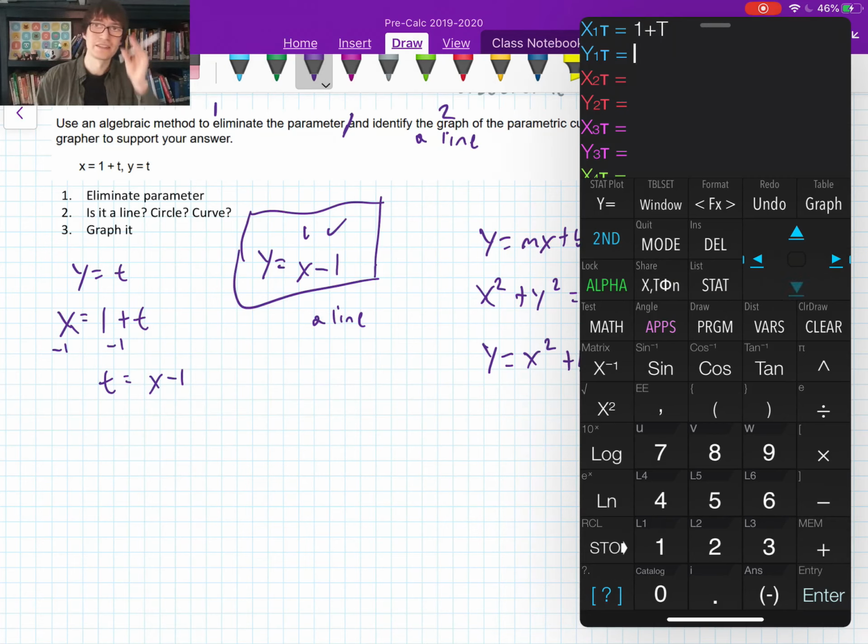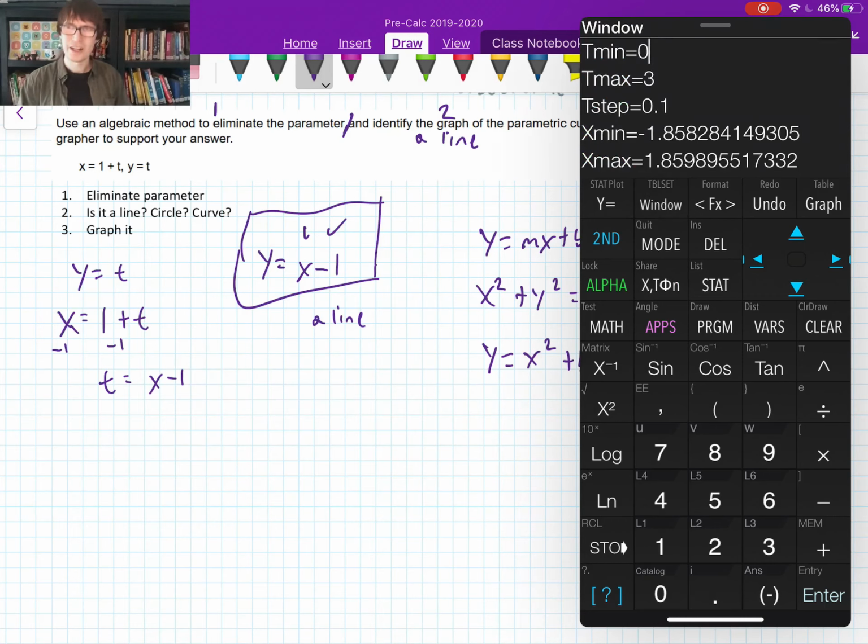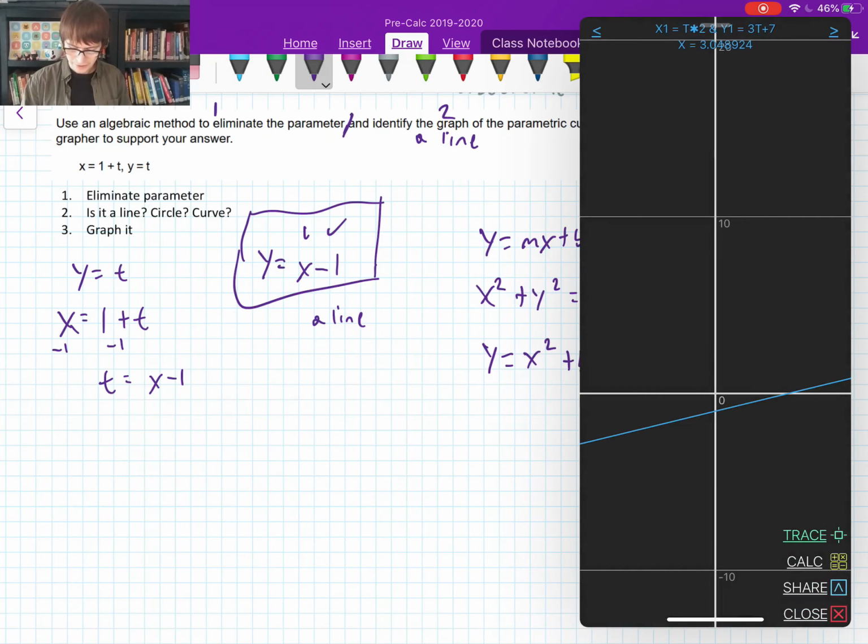So x equals 1 plus t. And y is just t. As far as a window goes, I want to graph the whole thing as much as I can. So I'll say the x minimum is negative 999, and the x maximum 999, and I'll graph that.